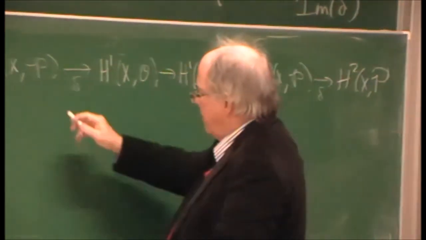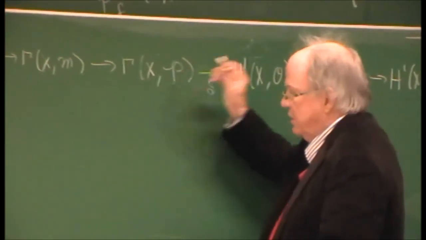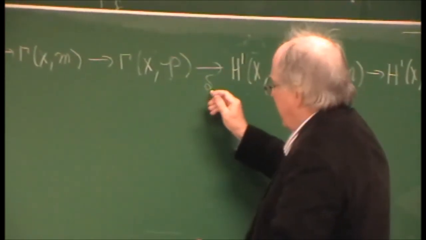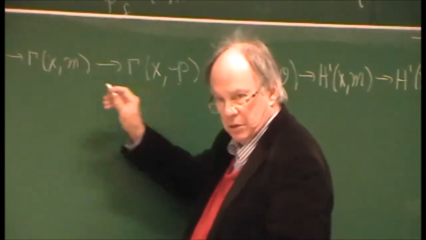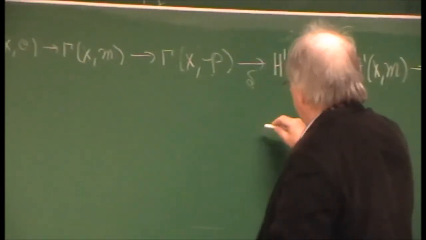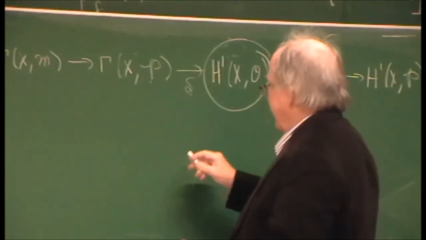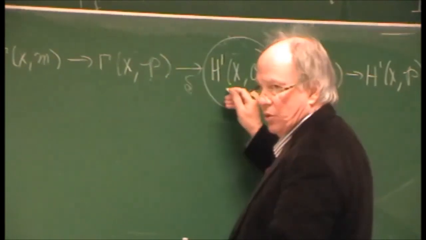But the interesting map is really this one here, because this is an exact sequence, so the kernel of this mapping is exactly the principal parts which come from here. So what you really want to understand is what's happening between here and here.